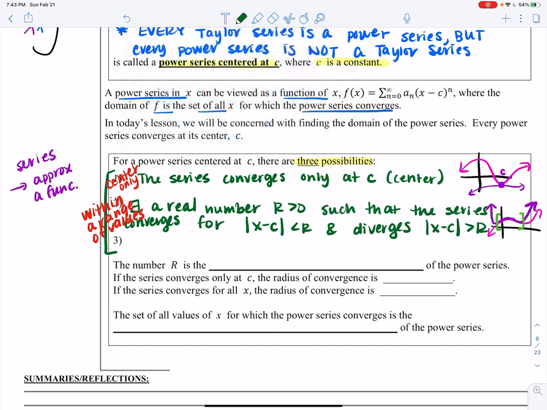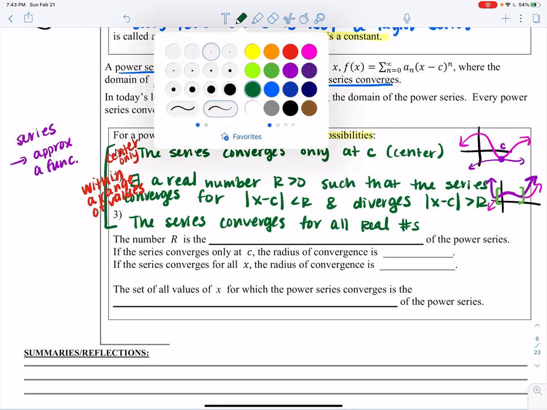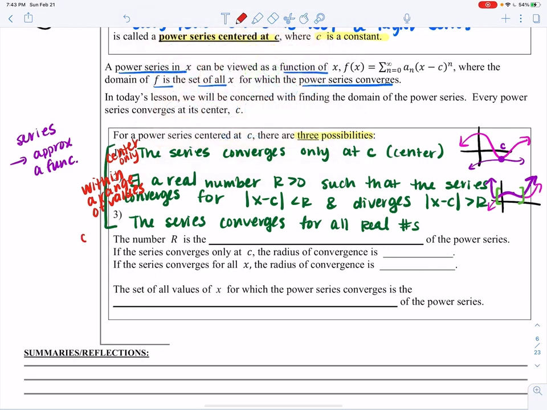Option 3 is that the series converges for all real numbers. And basically that's saying it converges everywhere.